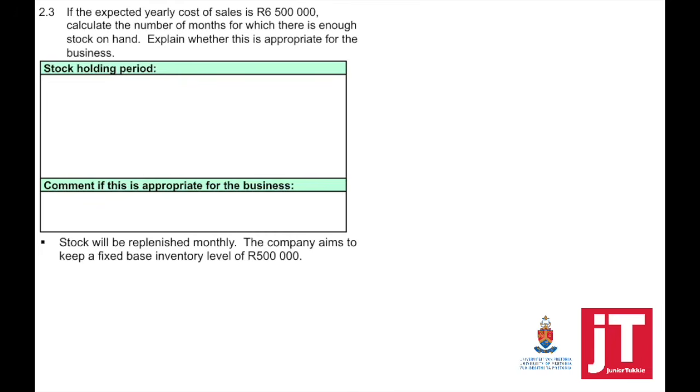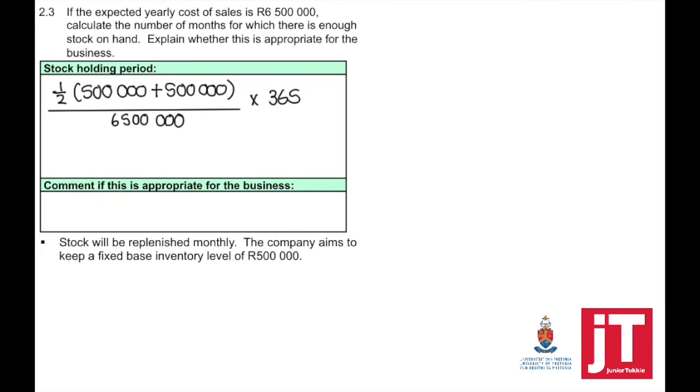So my average stock is beginning plus end divided by 2. So we're going to say 500,000 plus 500,000 times a half, divided by 2. And then what is my cost of sales? My expected cost of sales is 6.5 million.